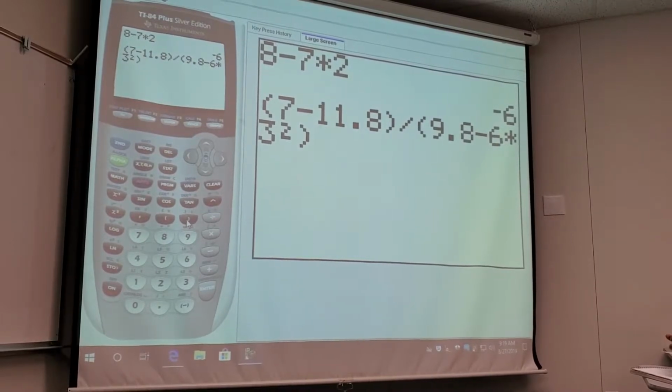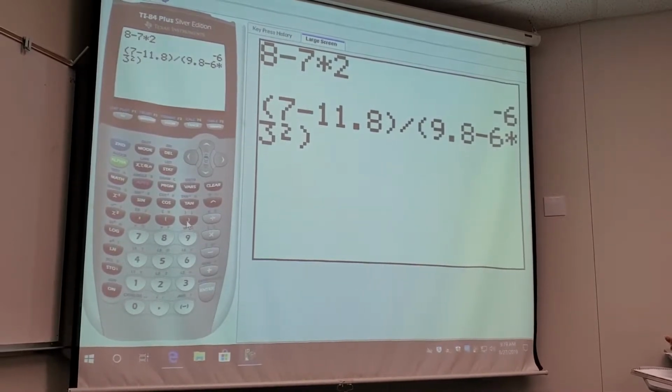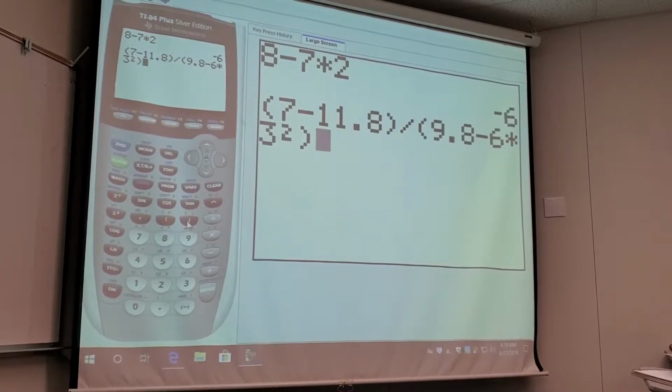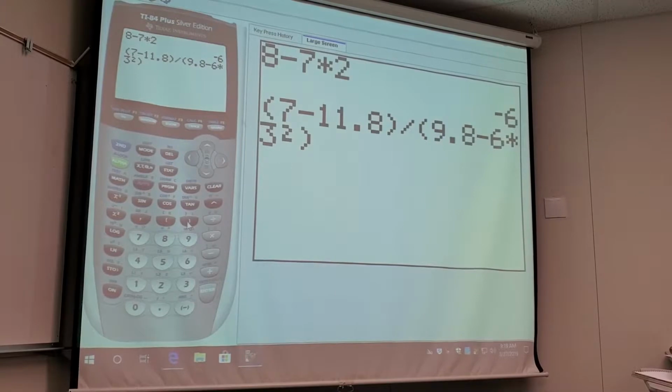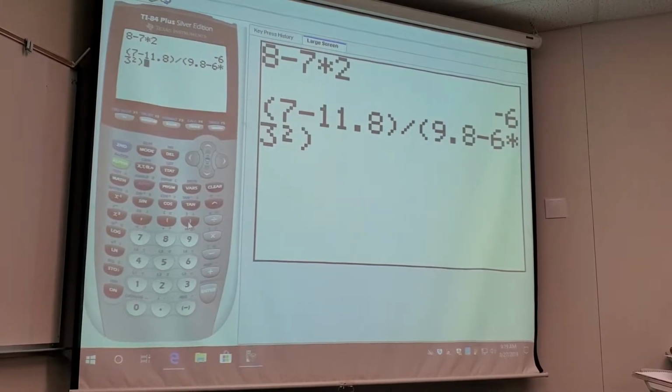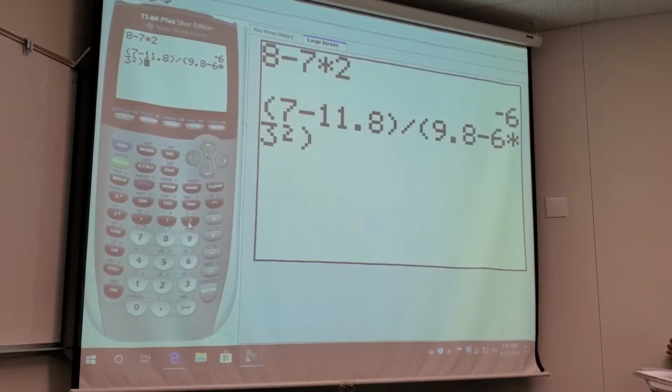Because there's something about this big division bar that humans have an advantage over the calculator. We have eyeballs. We can see it's a big division bar. So what's hidden up here are these parentheses, right? There's a top problem and a bottom problem. You guys understand what I'm trying to tell you? A little bit. Let's all hit enter, see what we get.